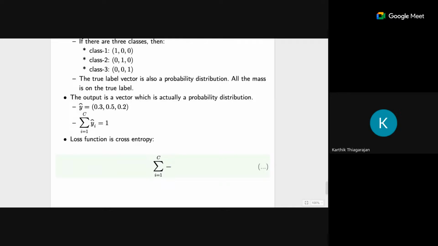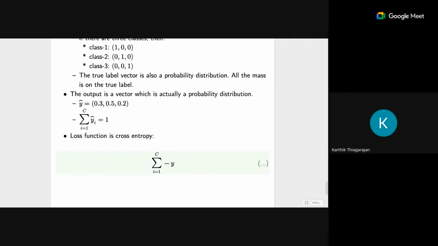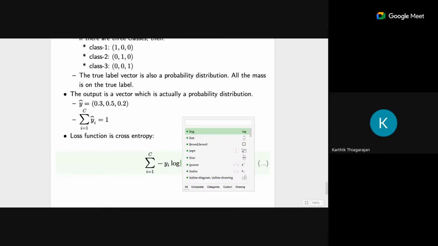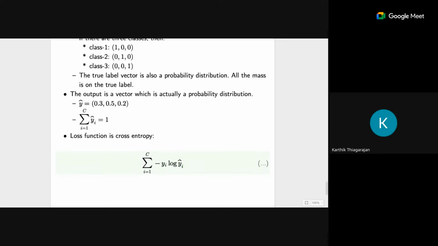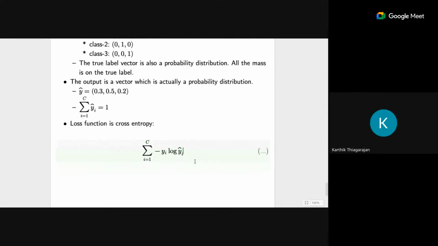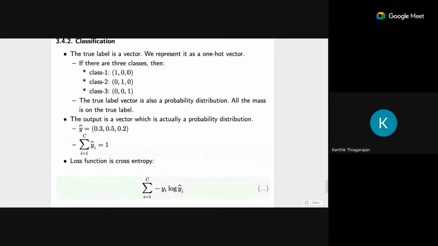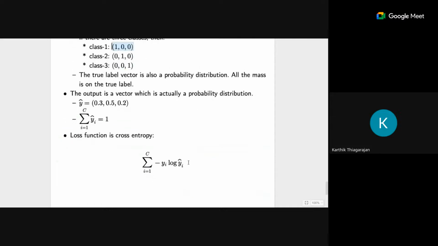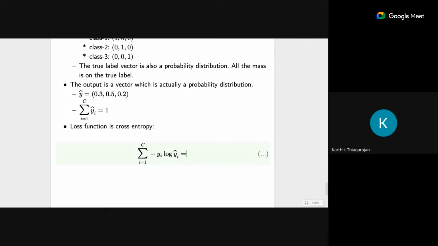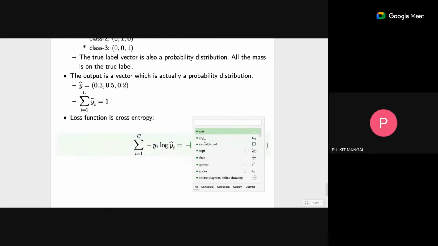This is minus the true probability distribution times log of the predicted probability distribution, so minus y i log y hat i. Now, if your labels are one-hot vectors, this simplifies to something. What will this simplify to? Negative log y hat.